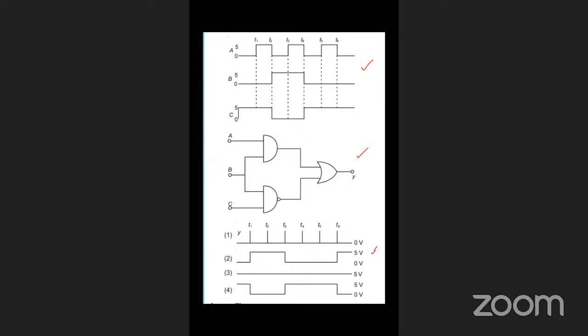So first, as in the previous problem, we can number the waveforms. Okay, so for the first combination, we can notice that for the lower value they have provided 0. For the highest state it is 5.